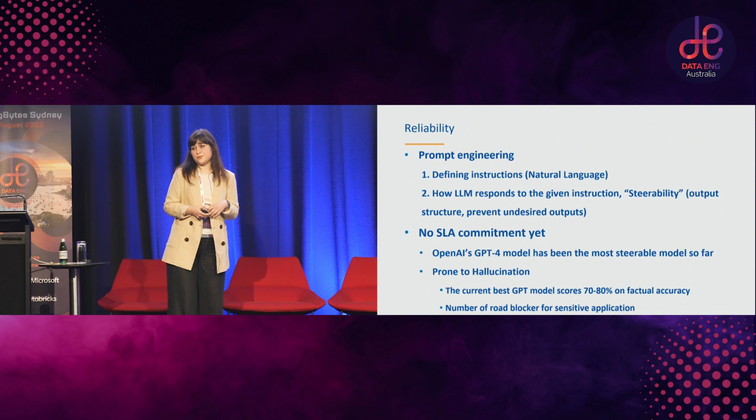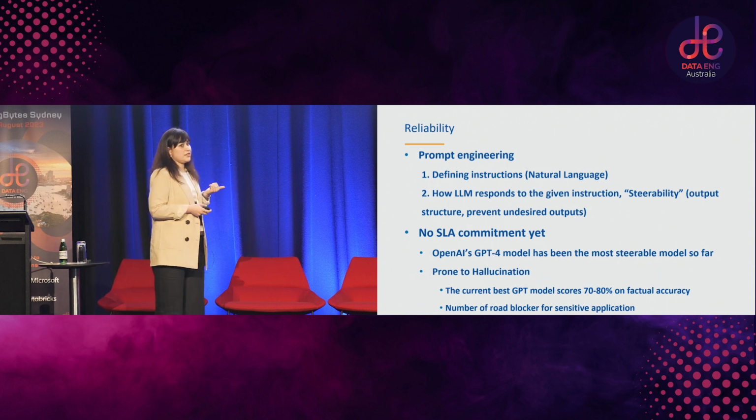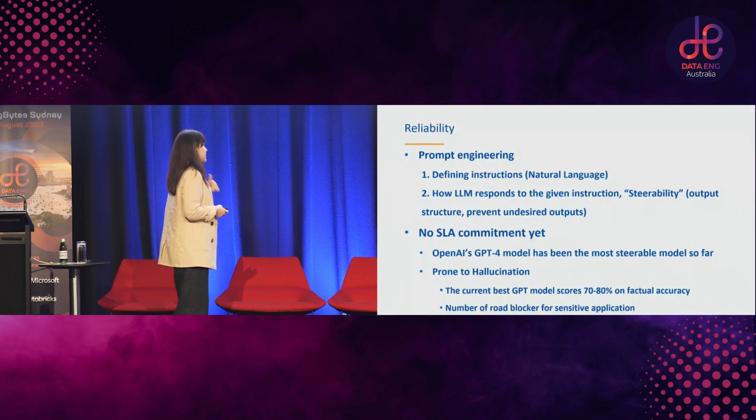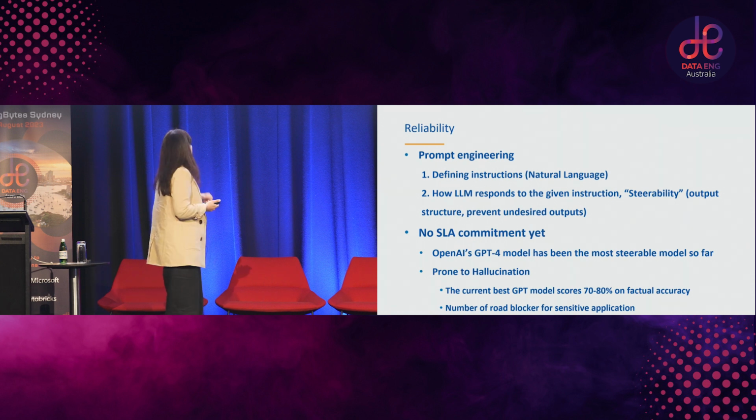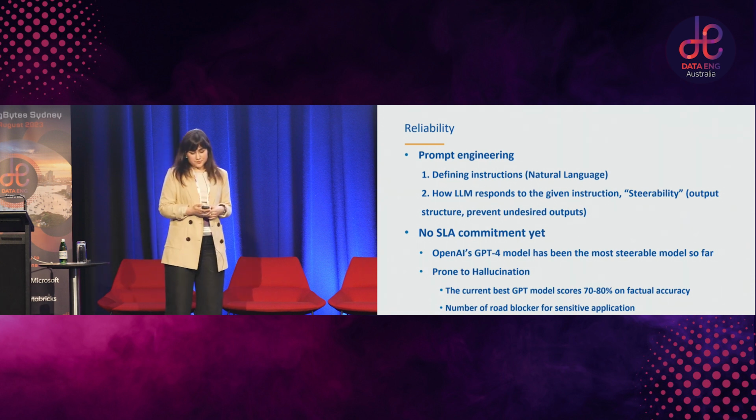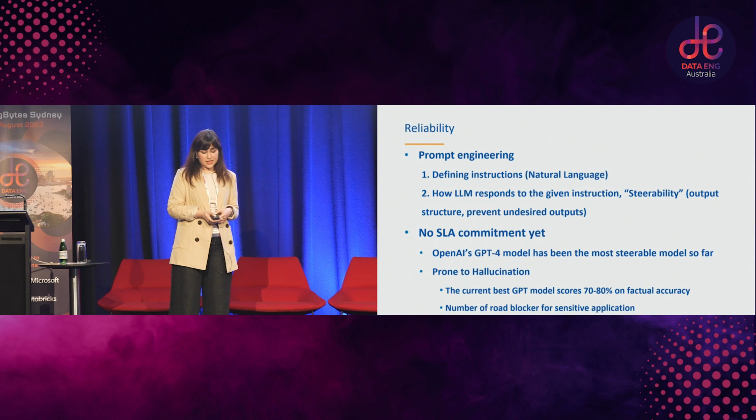The other big part of reliability is hallucination. As we all know, GPT can be confidently wrong, and that is the number one roadblock for a lot of sensitive applications.